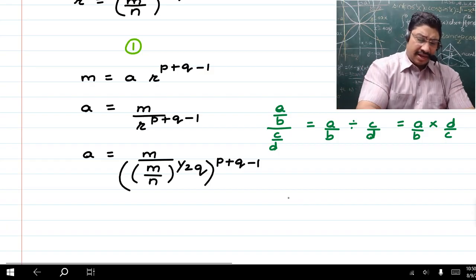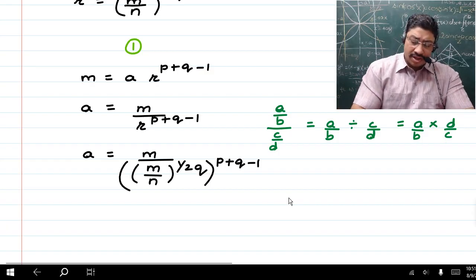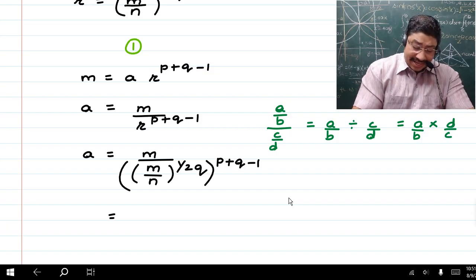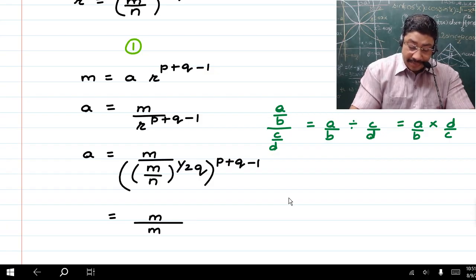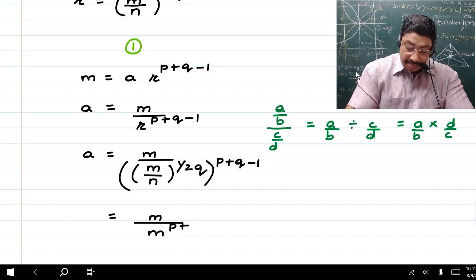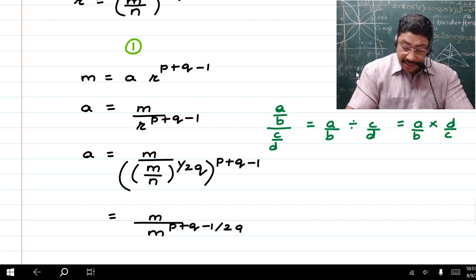Next, now children, let's first work out what powers these numbers m and n will have. So in the next step children, we have m, which is divided by m, now raised to the power. I'll write this m a little below, because this power should also be written in a large way. As you see, this is going to become p plus q minus 1, which will be divided by 2q.